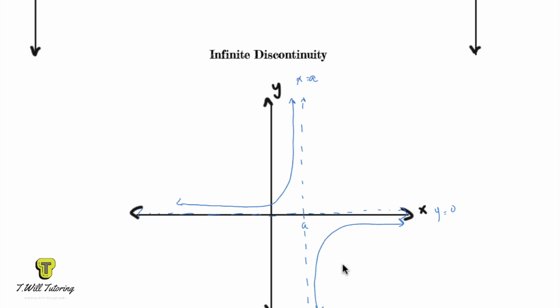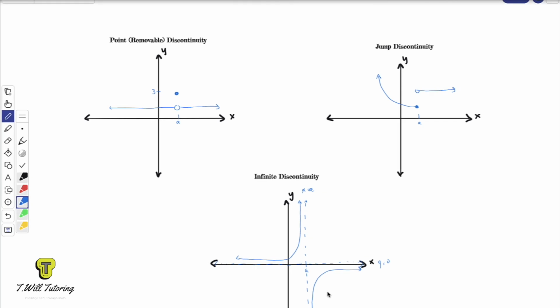You see, with every single example, I would have to pick up my pencil in order to continue drawing these graphs. This is, in essence, what discontinuity means. Always keep in mind, if it's continuous, I can draw this graph without picking up my pencil. But if it is discontinuous, I would have to pick up my pencil in order to continue to draw it. And just like that, we're back.